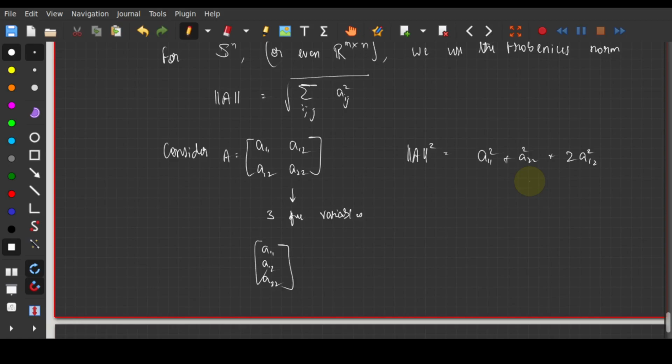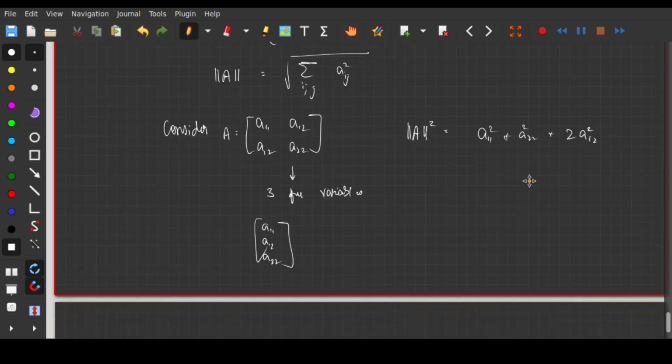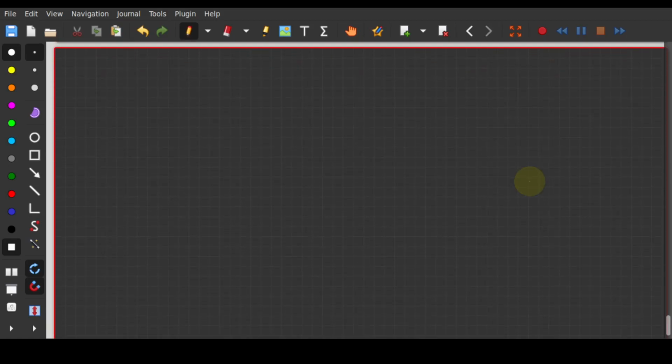So let's assume that this is going to be our norm. Then how do we show that? Let's say I want to find out what the interior is. I claim that the interior is in fact the set of all positive definite matrices.